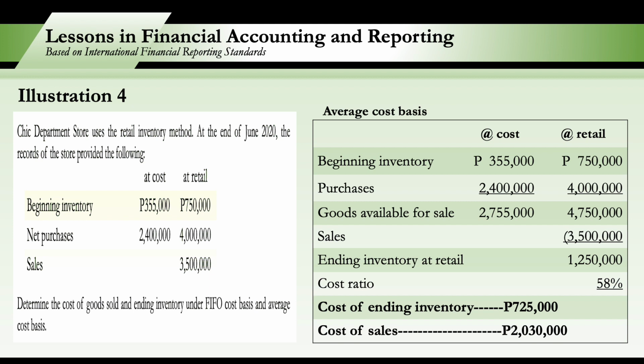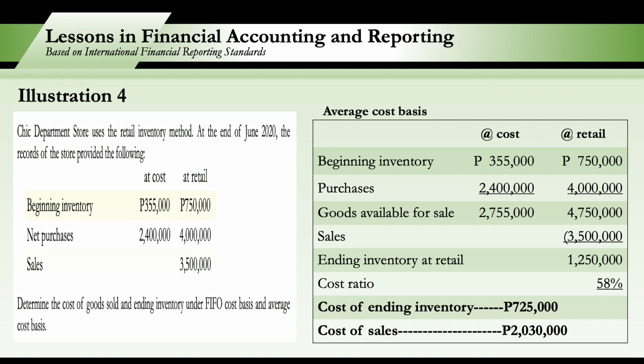So both for the FIFO cost basis and average cost basis, ending inventory at retail is the same, 1,250,000. The difference would be with our cost to retail ratio.